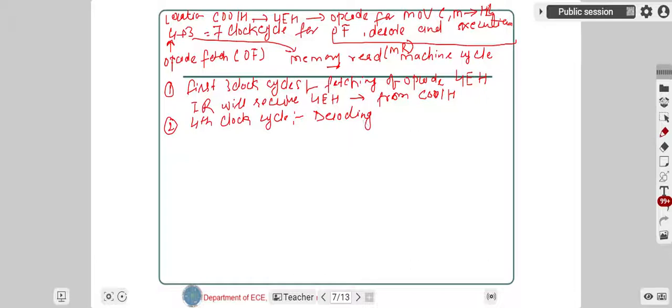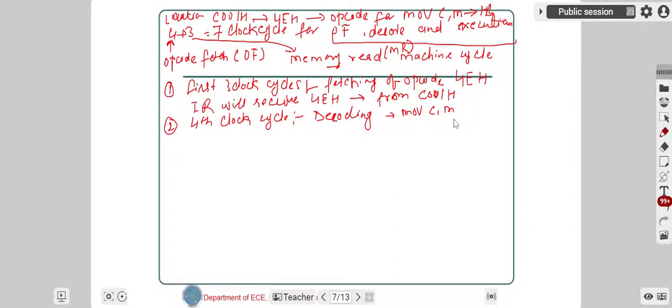So the control unit will now understand that the opcode corresponds to a 1 byte instruction after decoding it, and that instruction is MOV C,M.